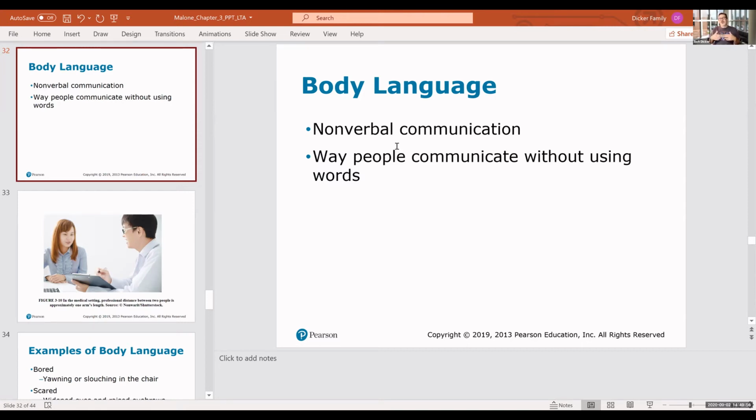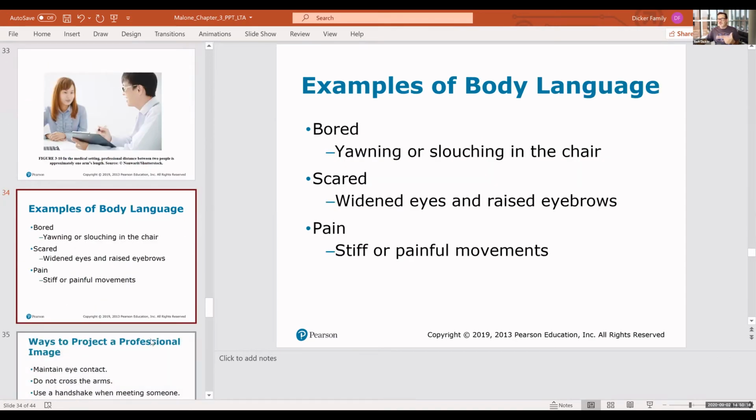These are things to make note of. Some of these things you may be able to broach with the patient at the time. Some of those things you may not, and you may want to let the provider know, this is how the patient was with me when I was doing their check-in and their interview. So that's important to pay attention to nonverbal cues. They oftentimes can tell you a lot.